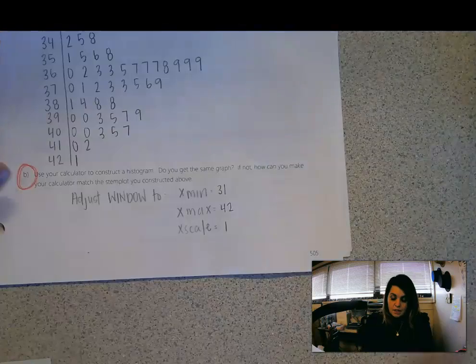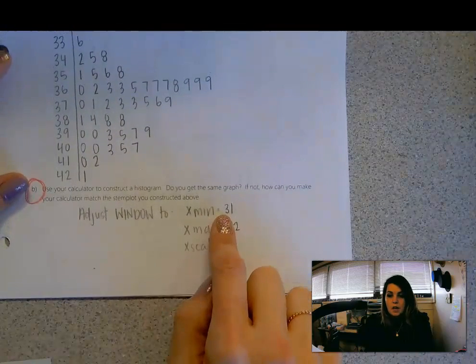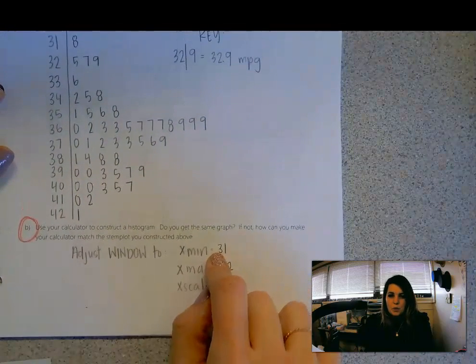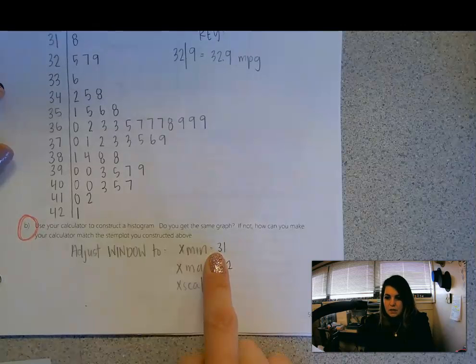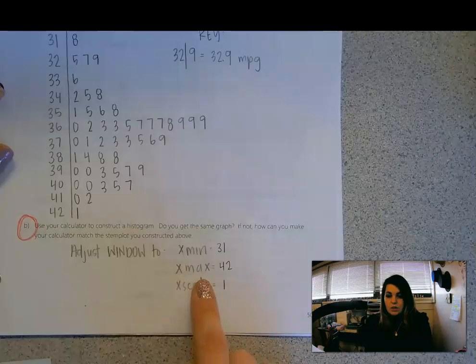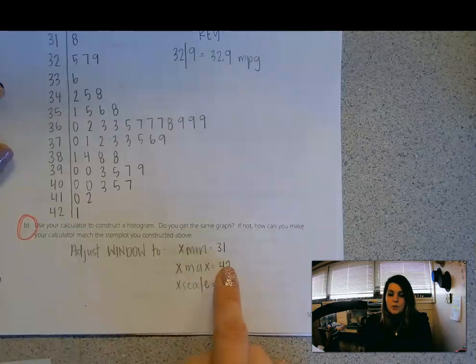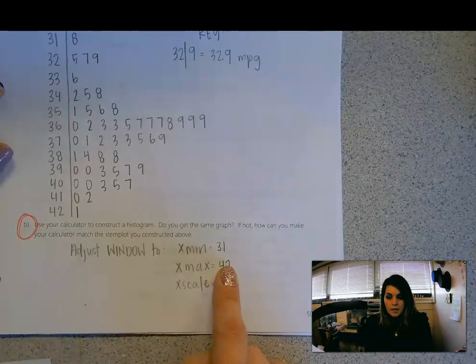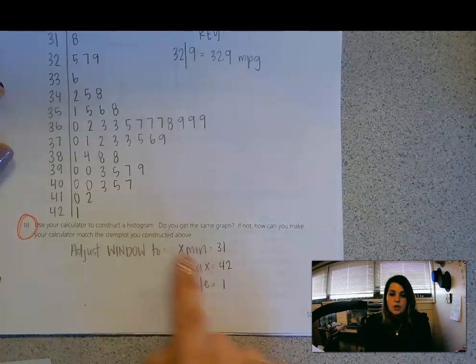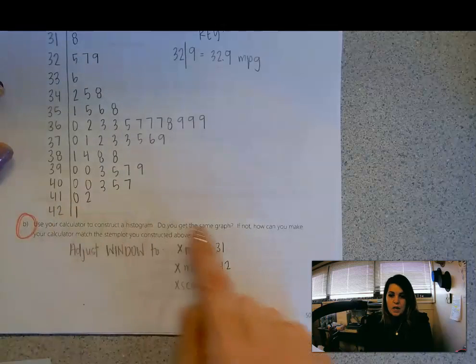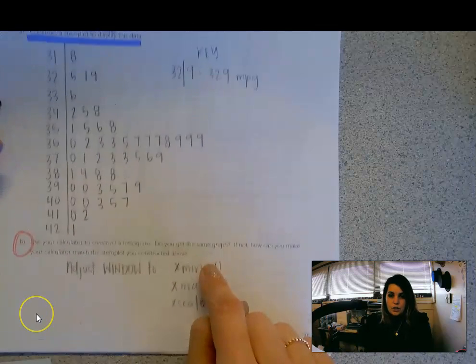Lots of you said on this one, I'm going to make my minimum 31.8. That seems weird to me because if you then use a scale of 1, your max would have to be... oh, sorry, I'm looking at the wrong number.